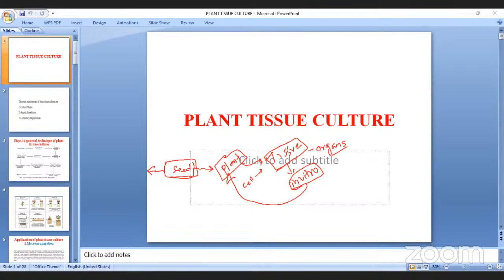By fertilization, the fertilized ovule develops as a seed.